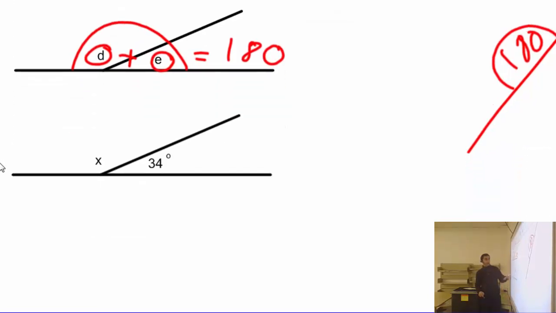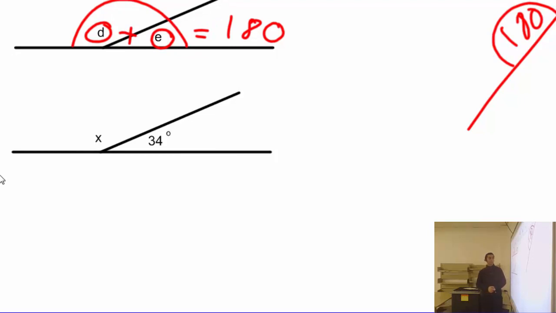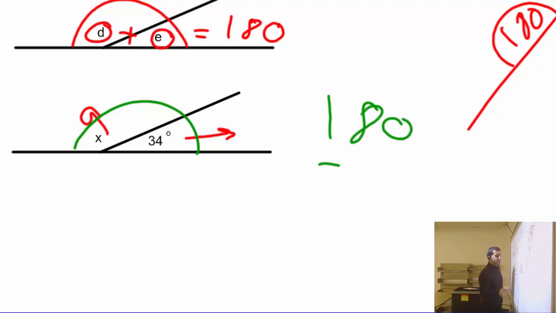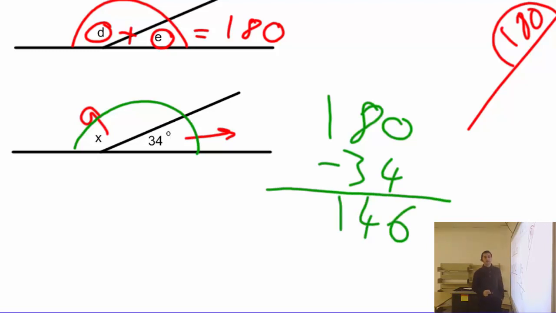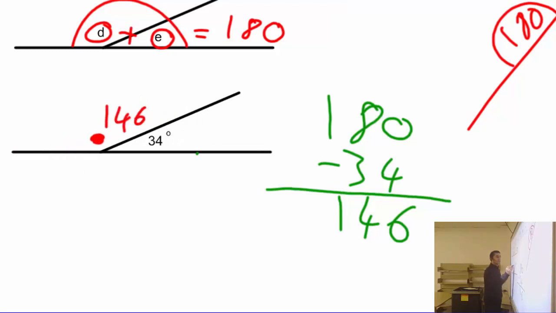You use this rule when the two lines cross each other and you know one of them, but for some reason you need the other one. So all you do is, as you know, this is 180. So 180 subtracted by 34, that will give you 146. So X here is no longer an X. I know what it is. It is 146 degrees.